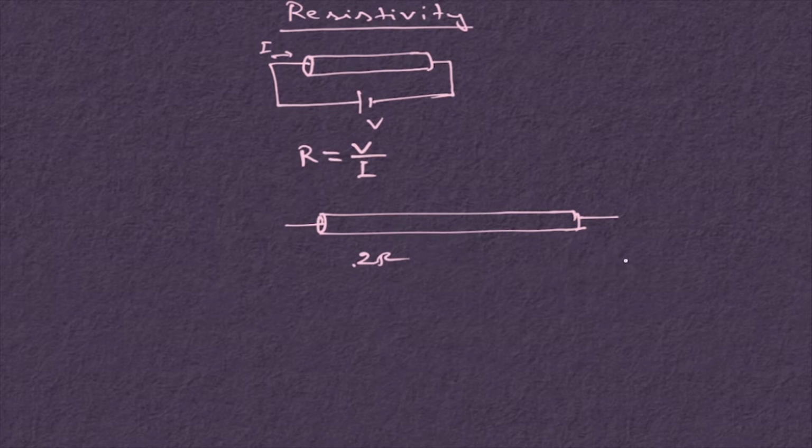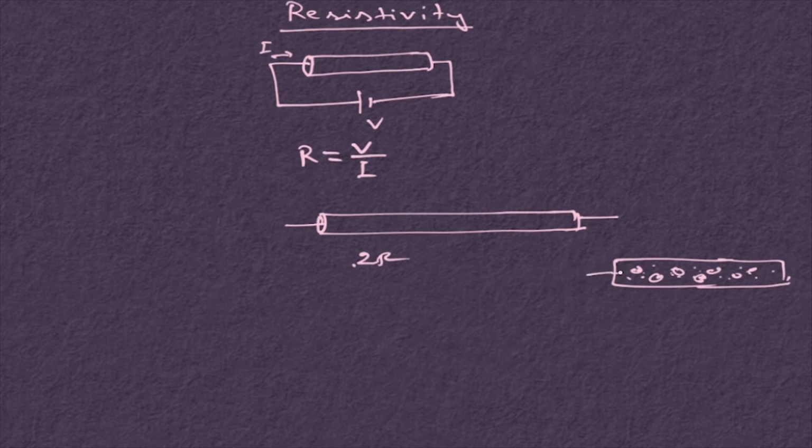That is because the conductor is composed of a large number of positive ions. Suppose this is a conductor, these are positive ions, and there are free electrons moving randomly around these ions.